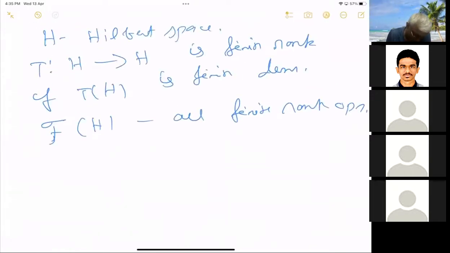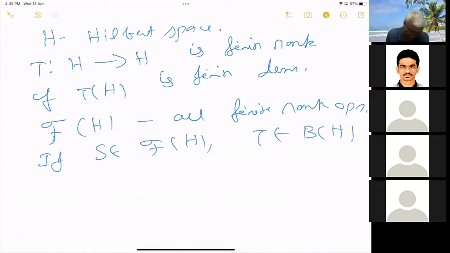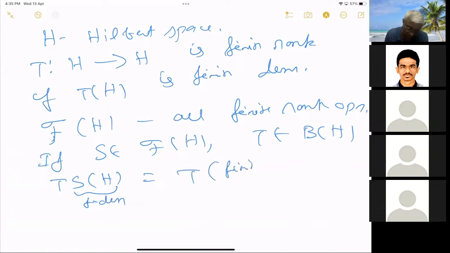So if S is a finite rank operator and T is in B(H), then TS of H equals T of S of H. S of H is finite dimensional, so T of a finite dimensional subspace is finite dimensional.